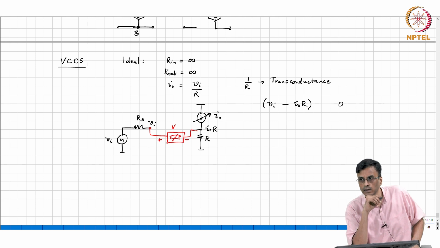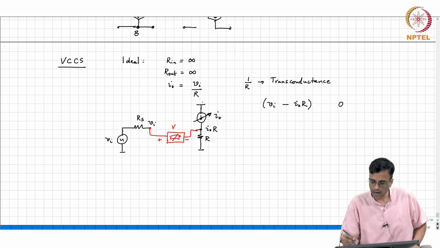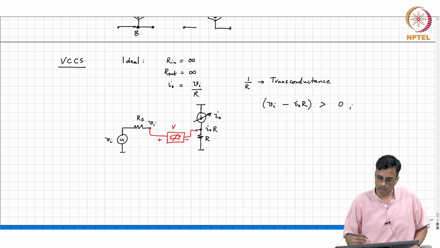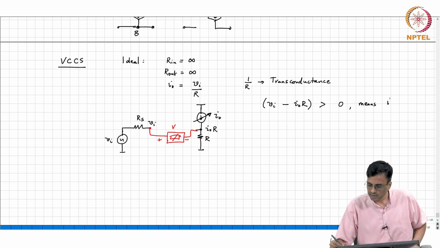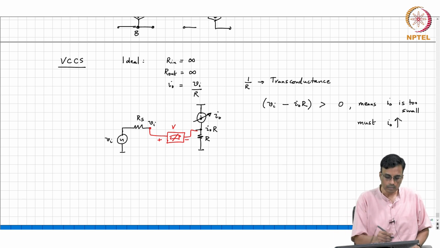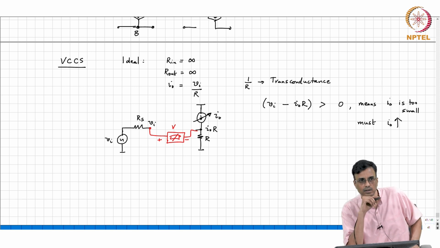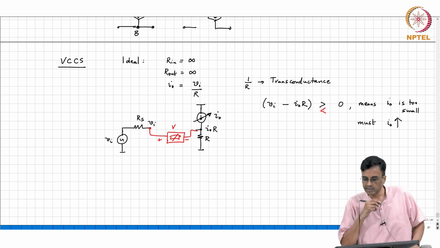Okay. So, if Vi minus I naught R is greater than 0, what does it mean? It means that I naught is too small and therefore we must increase I naught. On the other hand, if it's less than 0, it means that I naught is too much, you must reduce it.